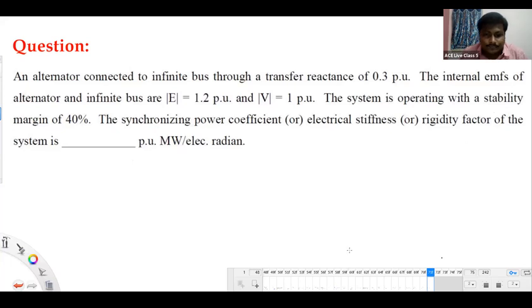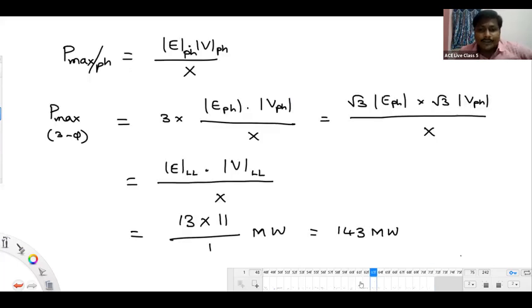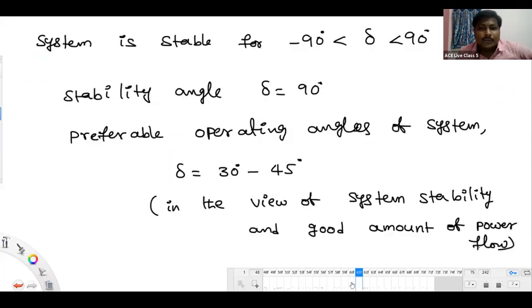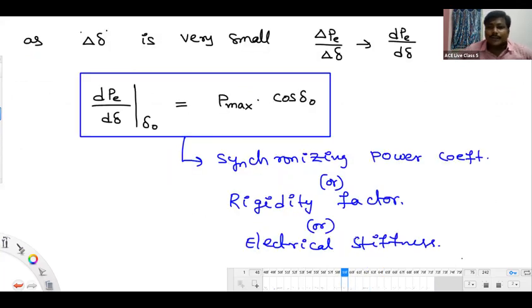Listen here. Actually, we discussed the synchronizing power coefficient just now. Let me go into that slide once, the synchronizing power coefficient slide. This one.